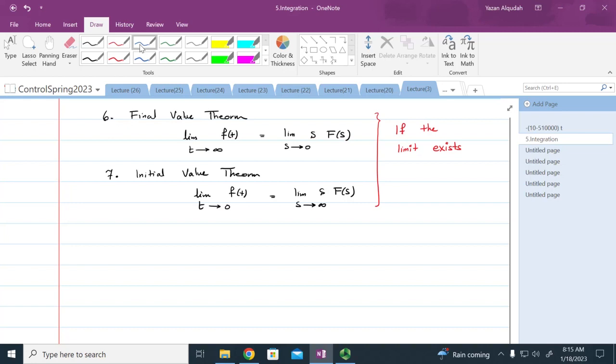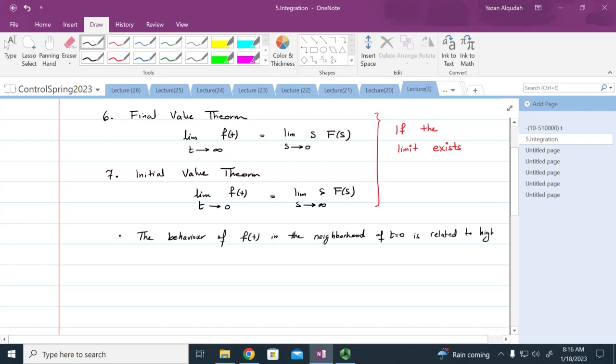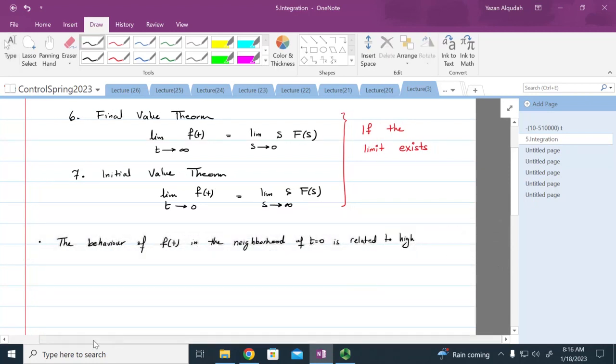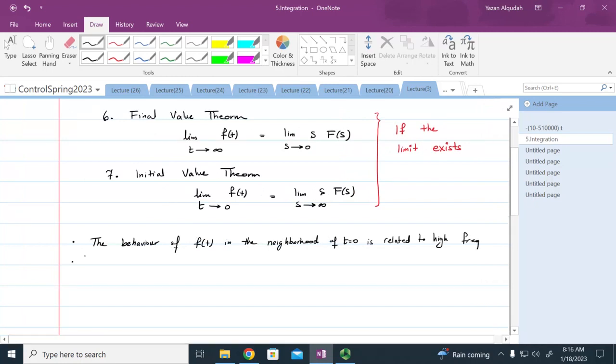Therefore, we can write that the behavior of f of t in the neighborhood of t equal to 0 is related to high frequency, and similarly the behavior of f of t as t goes to infinity is related to low frequency.